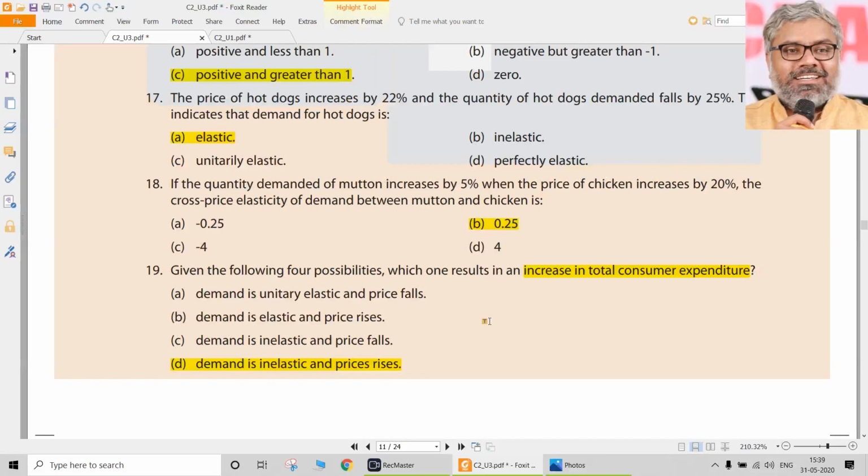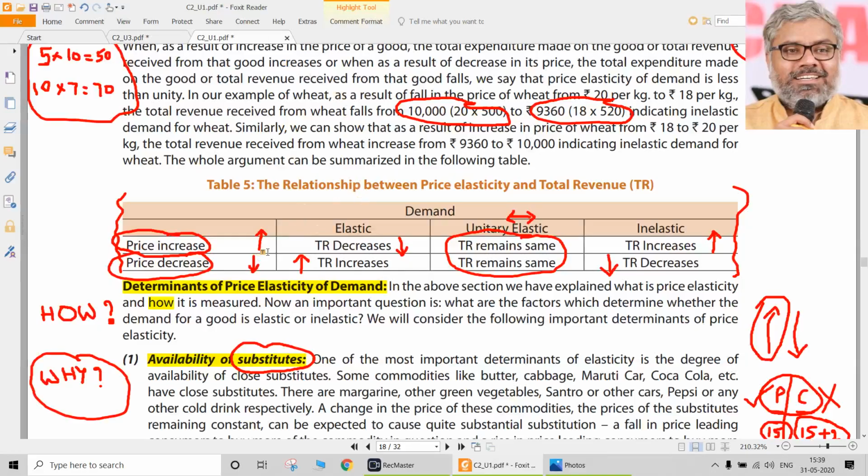They are directly related. When the demand is elastic, the price and consumer expenditure are inversely related. Here, this is increasing, this is decreasing, and vice versa. When the goods are inelastic, price and total revenue are directly related. This is increasing, this is also increasing. If this is decreasing, this is also decreasing.